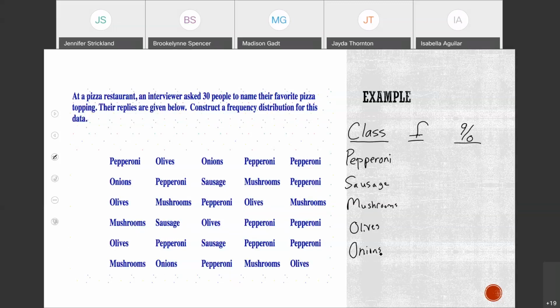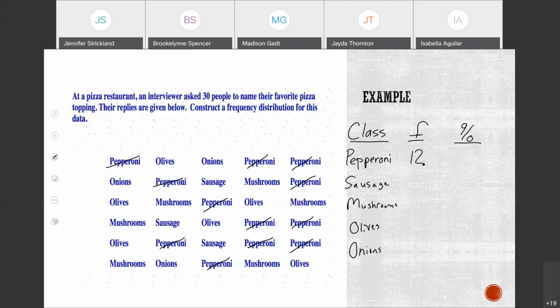Like when I count pepperoni, I'm going to cross through it so that I don't make a mistake and forget something. So that's 1, 2, 3, 4, 5, 6, 7, 8, 9, 10, 11, 12. Does that look like all of them? Okay, so I'm going to put a 12 in the frequency column.